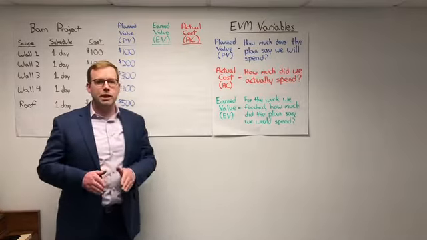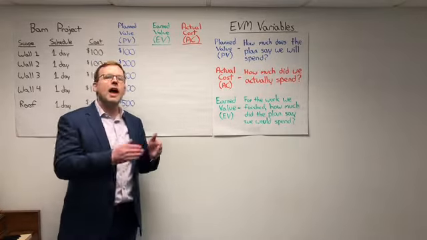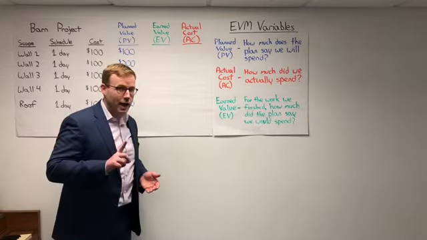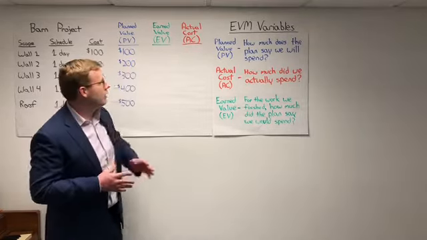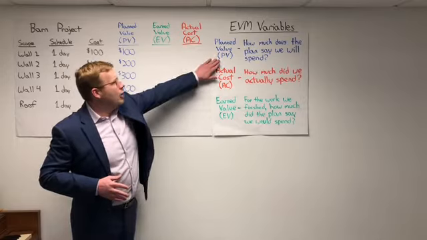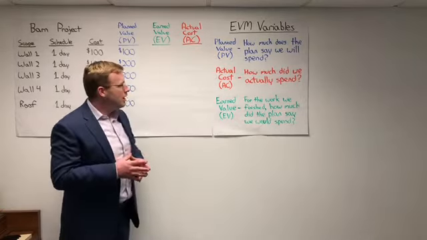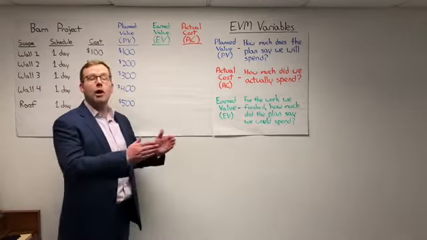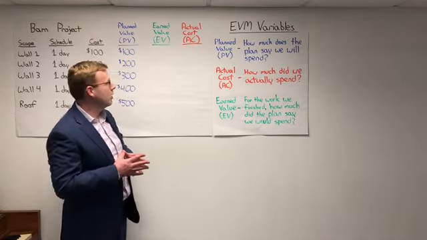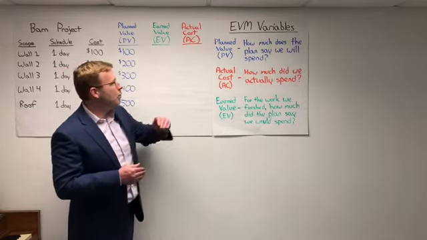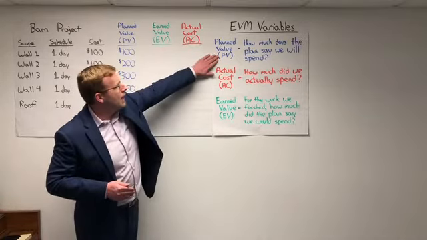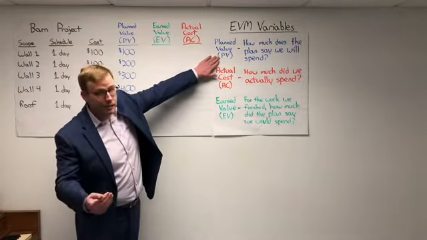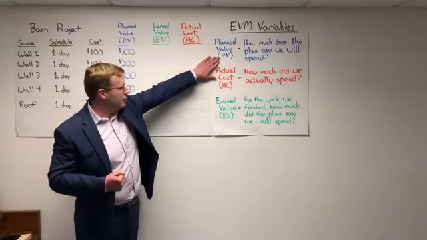It actually represents cost, schedule, and scope. More to come on that later. Keep that in the back of your head. Planned value: how much does the plan say we will spend for a certain amount of work or for the project as a whole, depending on where we are on that planned value line? For every point in the project, we know exactly how much the plan says we are going to spend.